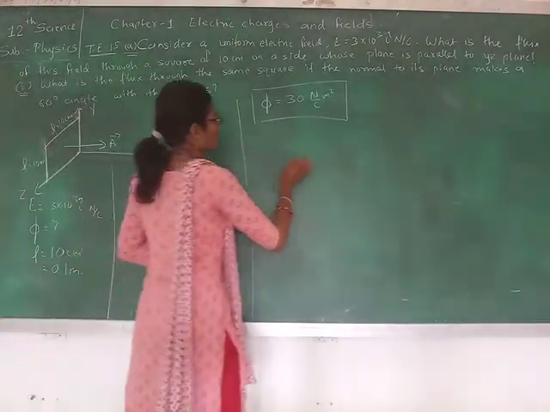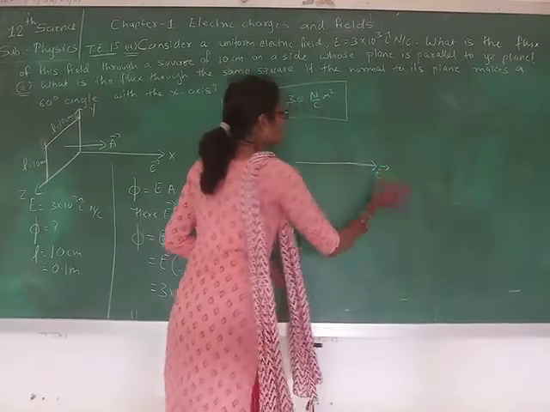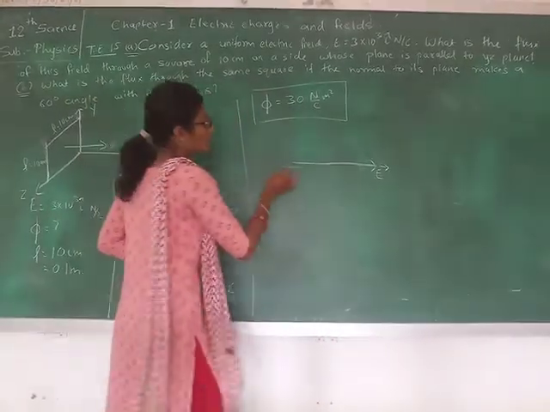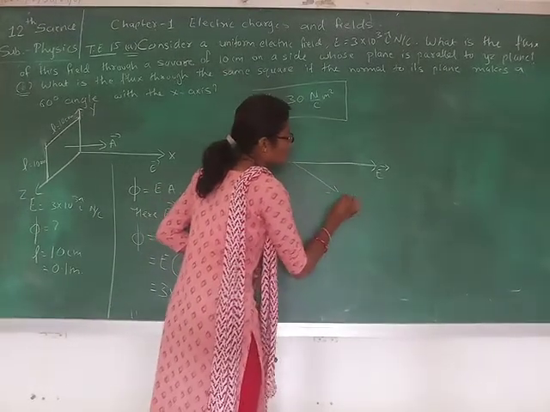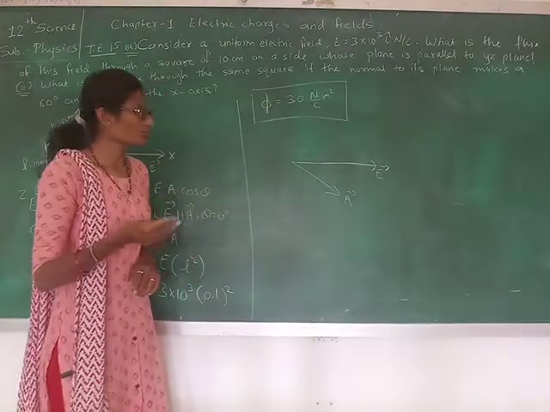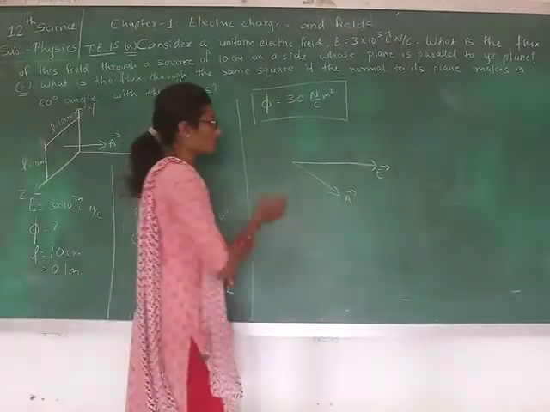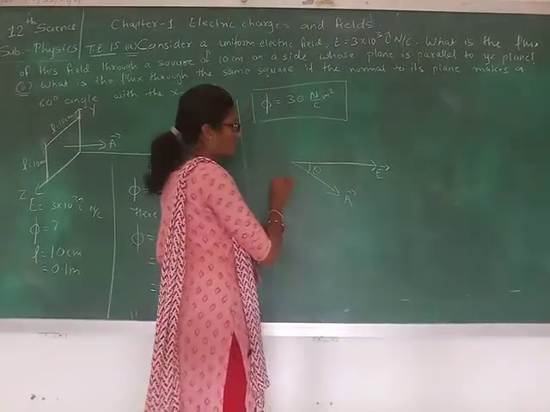The x-axis has the electric field direction, but the normal to the square, that is the area vector, is always normal to any surface.